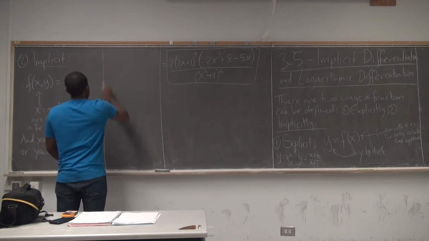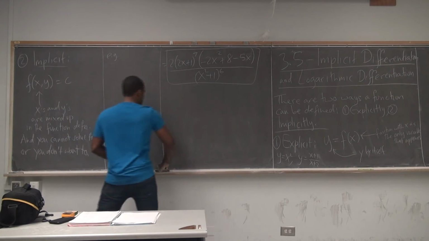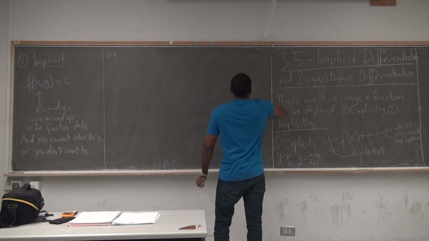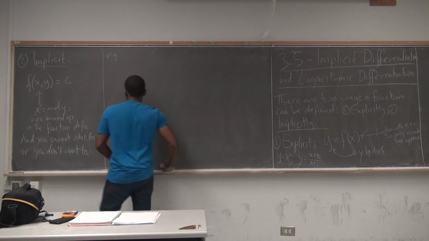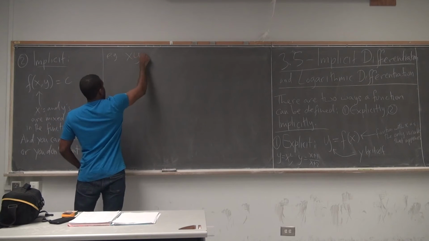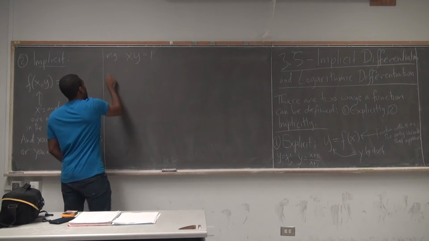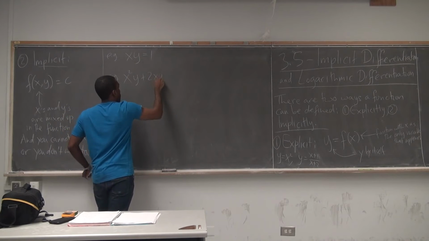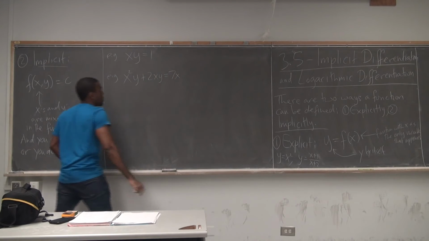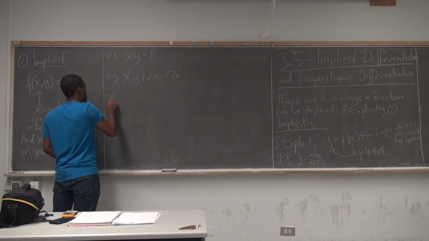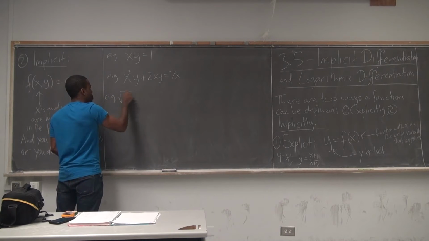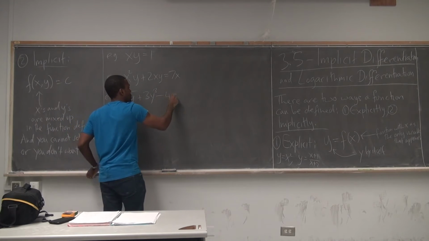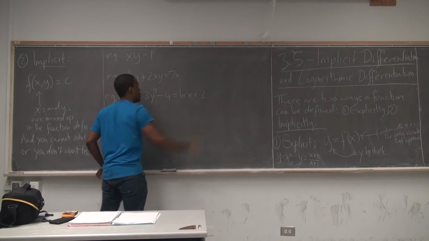When I talk about an implicitly defined function, I'm talking about ones like this. They can look very simple, like x times y equals 1, or x squared y plus 2xy equals 7x, or radical of xy plus 3y cubed times 4 equals ln x plus 2.